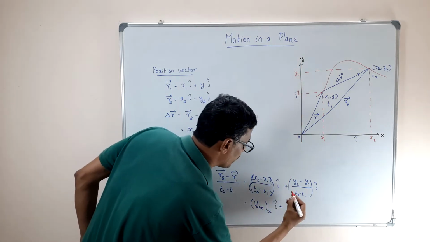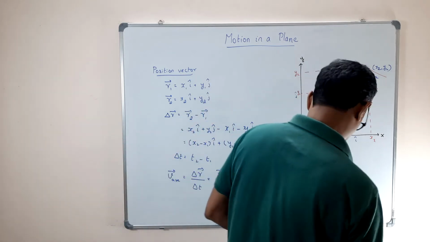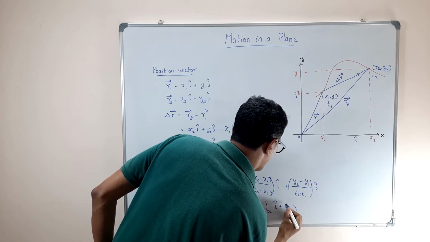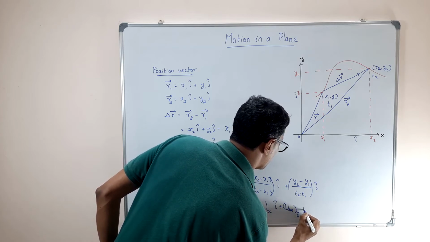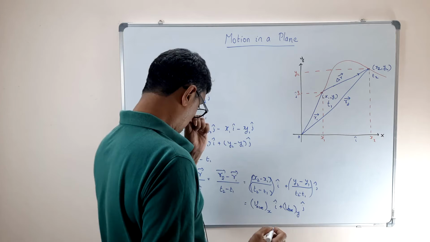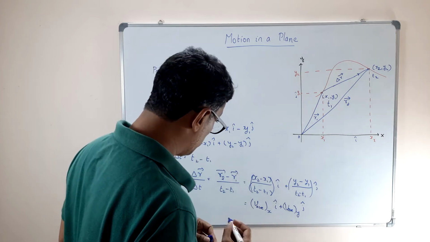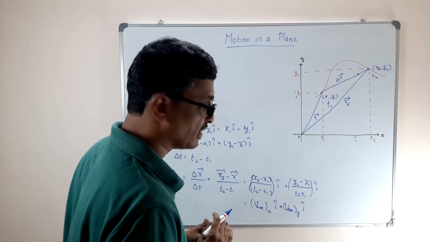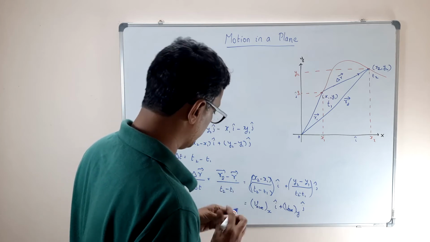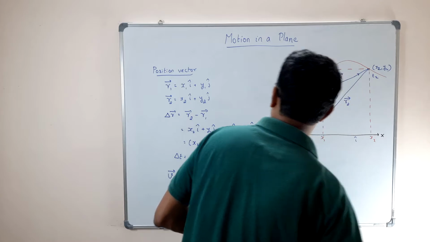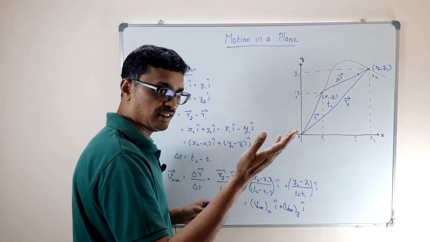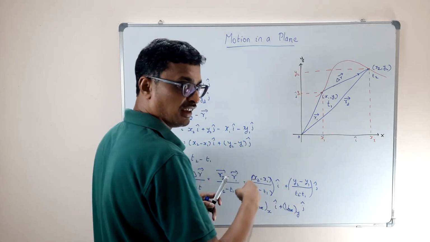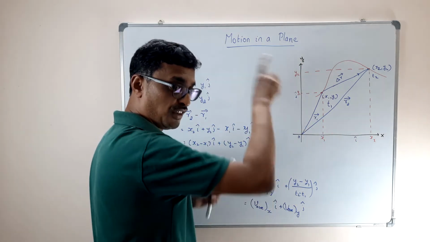So this will be what? So your V average of y component into j cap. Okay. And now, what it means? If you see it carefully, the same way as in the earlier rectilinear motion, we plotted x and t, and for acceleration we plotted v and t, correct?